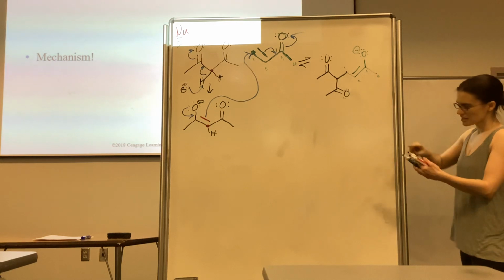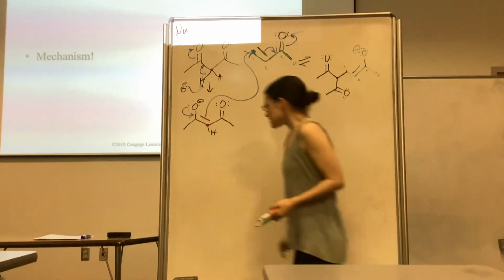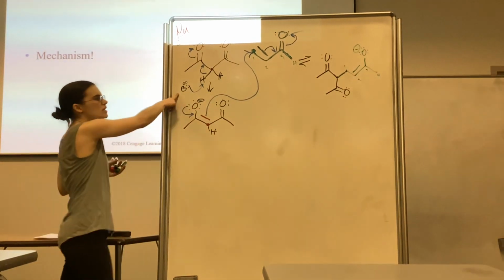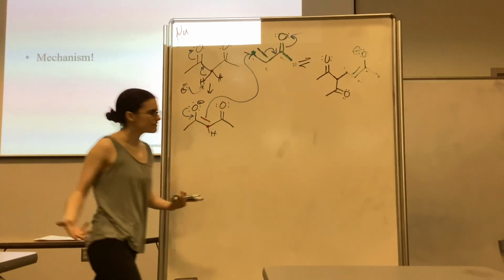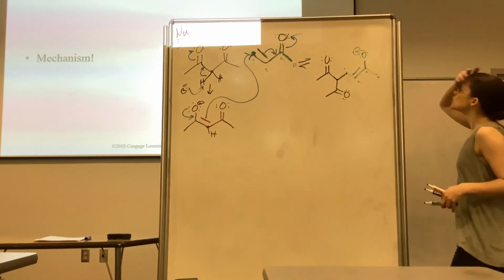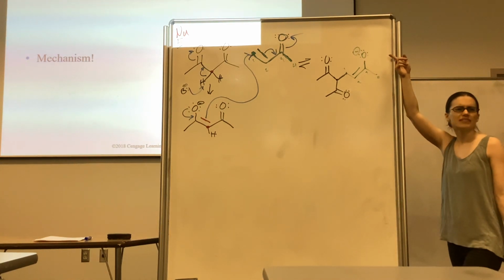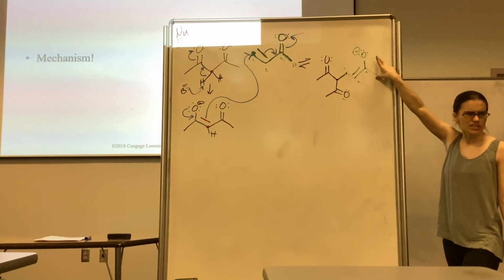Now we have this, and let's see. Oh, we started this with a base, right? So this is in a basic environment, a basic situation. So let's not protonate that into an alcohol. We could, but then we're just going to undo it because this is an enol, right?